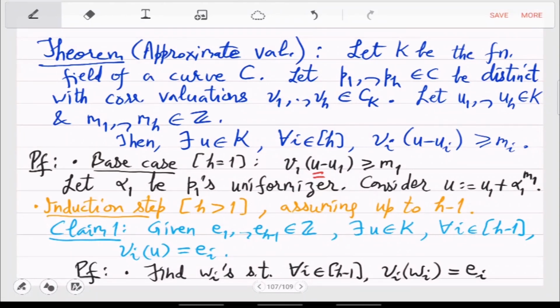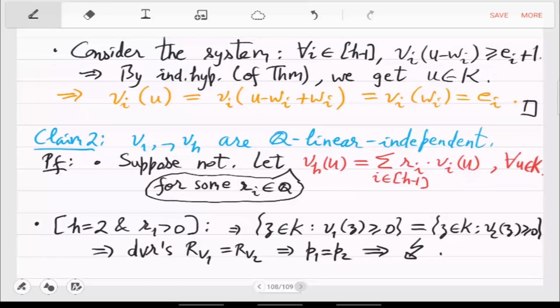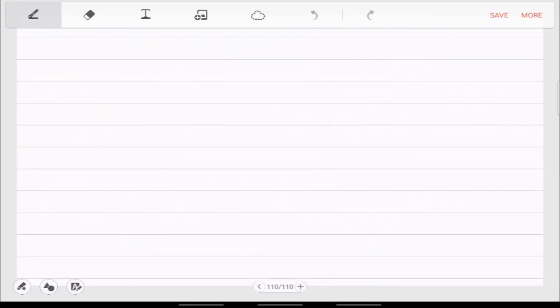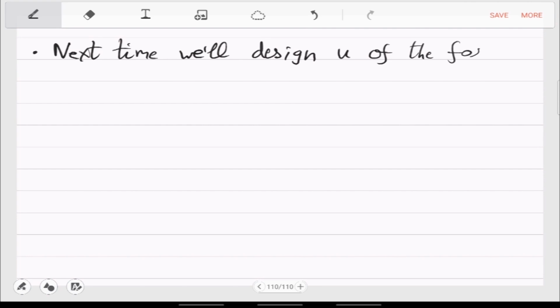So we want to construct this U, and we'll construct it in the following form: sigma xi ui for rational functions xi.